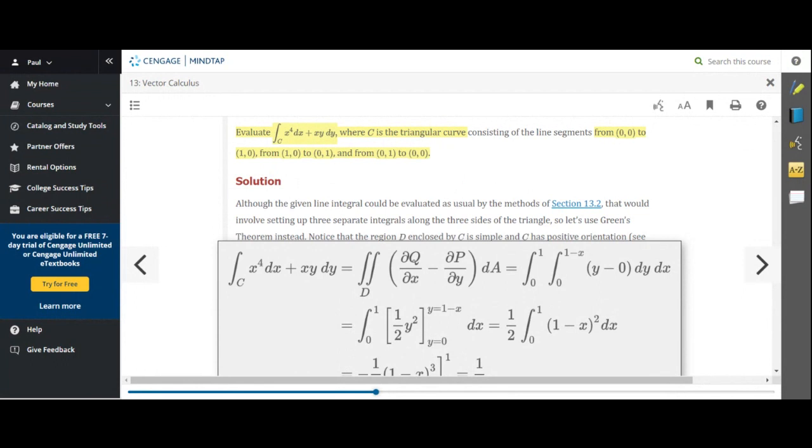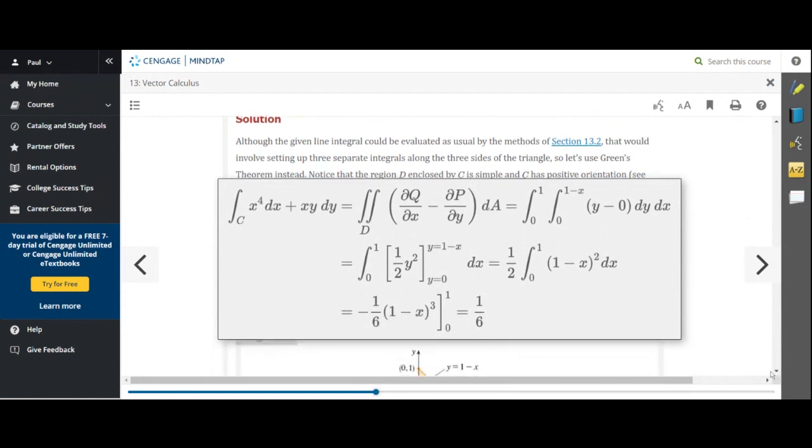And then the region D has y limits of 0 and 1 minus x, and then x goes from 0 to 1. Let me get this down a little bit, and you get 1/6, and that's the work that the force field does in moving the particle once around that closed path.